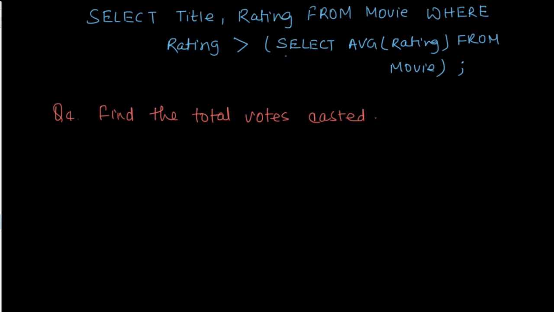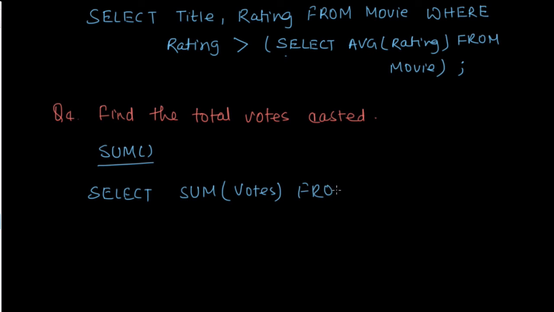Great. So the last query is to find the total votes cast. Basically we want to use the sum function and calculate the sum of all the votes in our database. The query will be select sum of votes from movie.